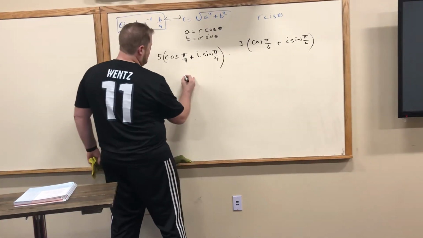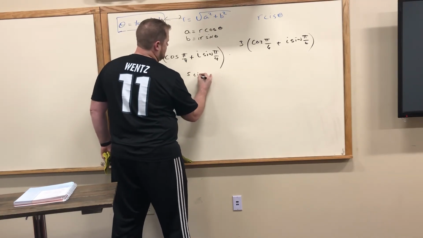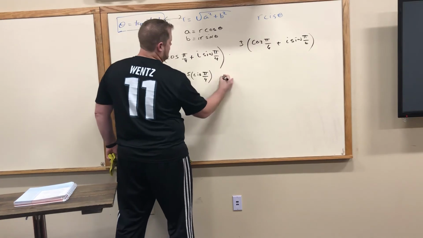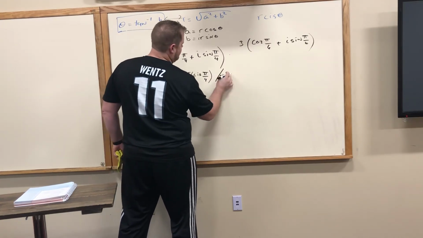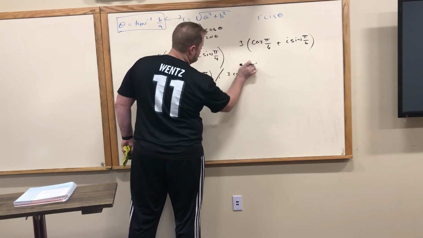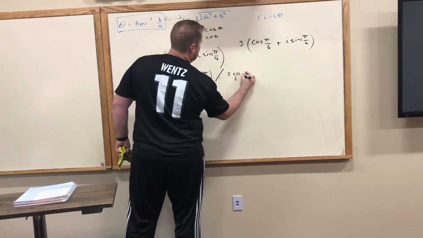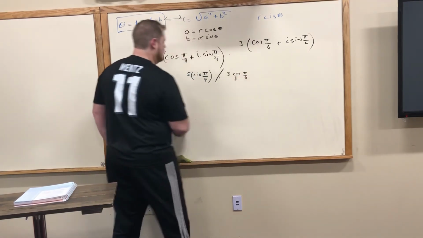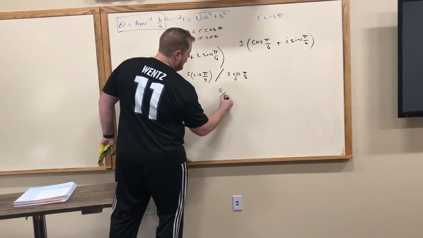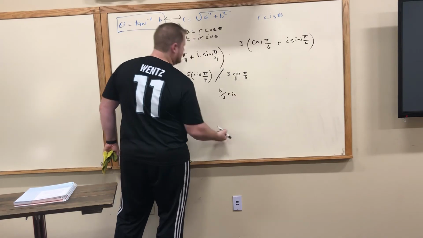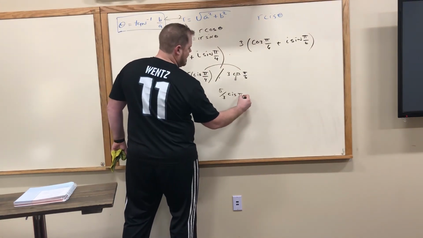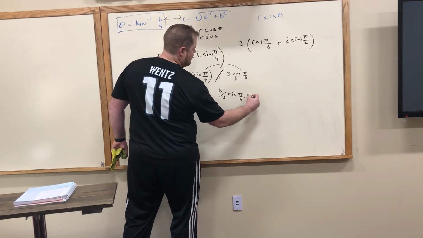So now we're going to divide, so we're going to be left with 5/3 cis, and all we're going to do is subtract pi over 4 minus pi over 6.